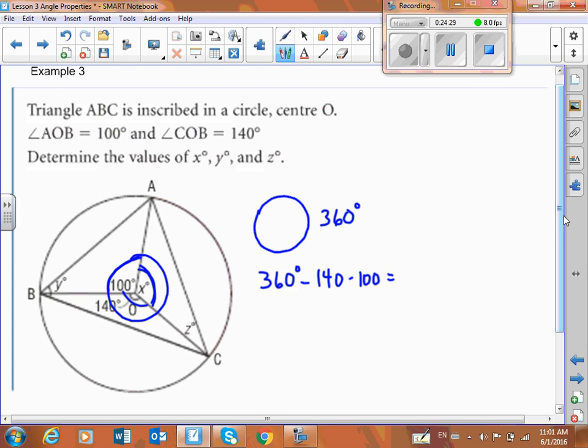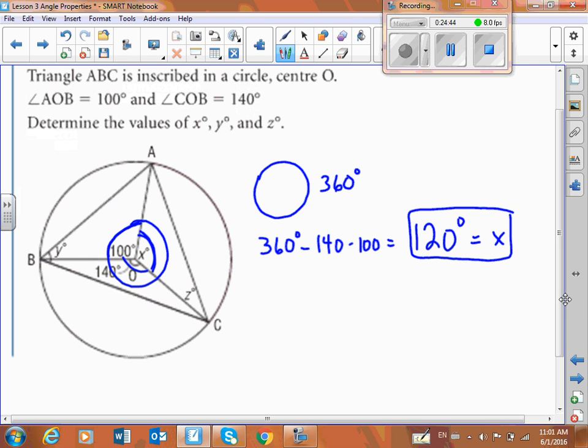Grab your calculator, do that. And we get angle X. Okay, it's 120 degrees. That one's pretty straightforward. Just going to erase my circle work here so you can see the circle again.